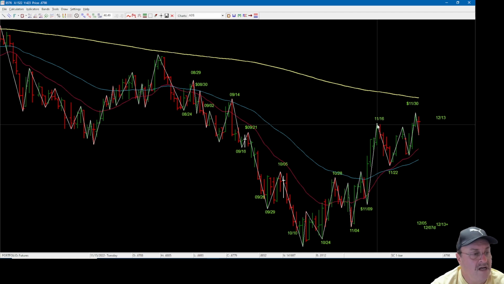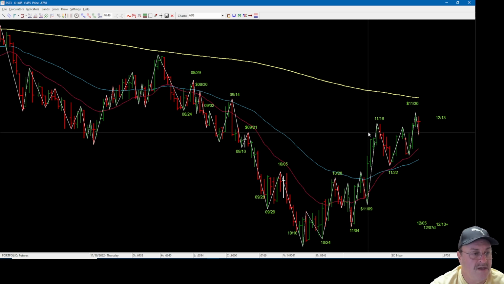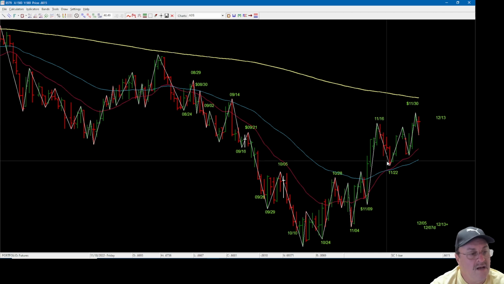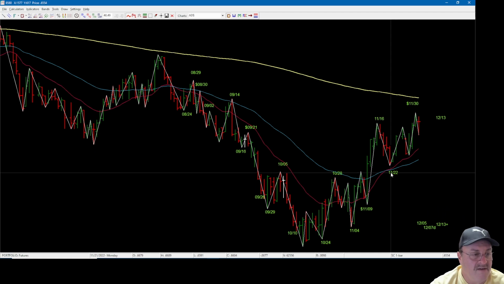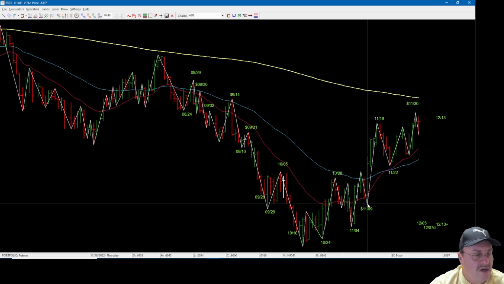Okay, so we come up to here. Okay, we don't sell this, all right, because it's a higher high than the previous swing tops. But prices then pull back to the next F date, which was just not too long ago. Today's December 2nd. And you can see that it is a higher low than the previous swing bottom.